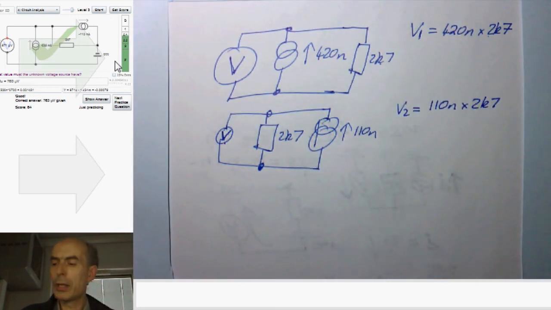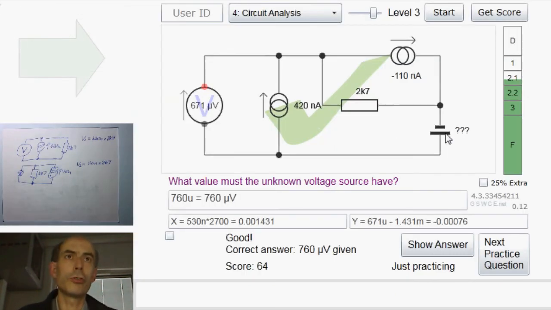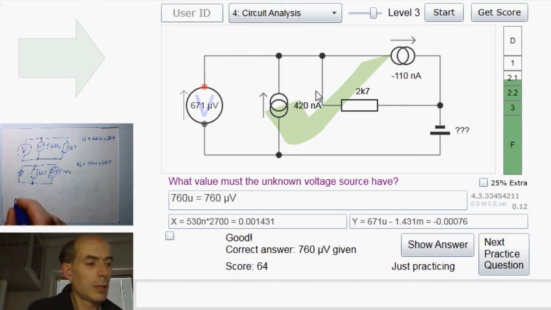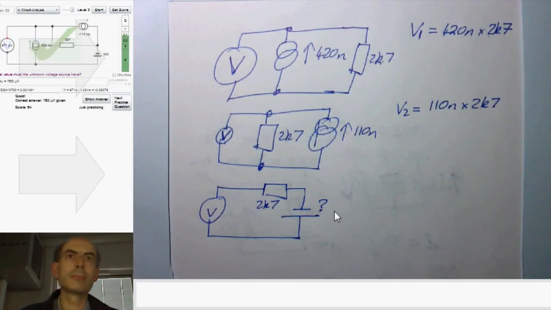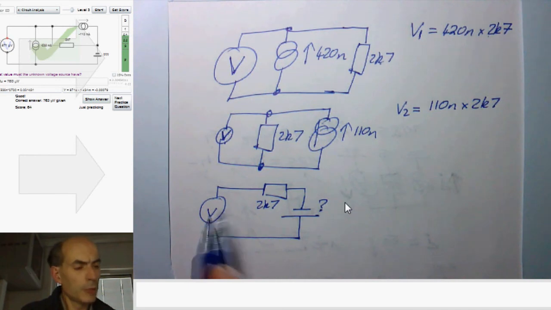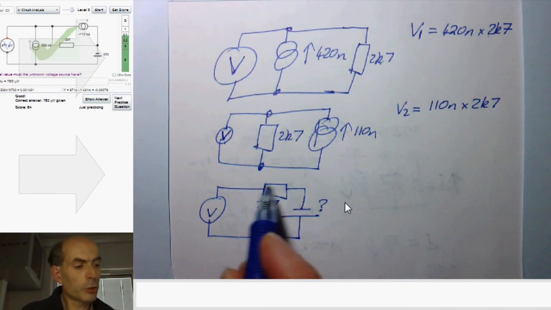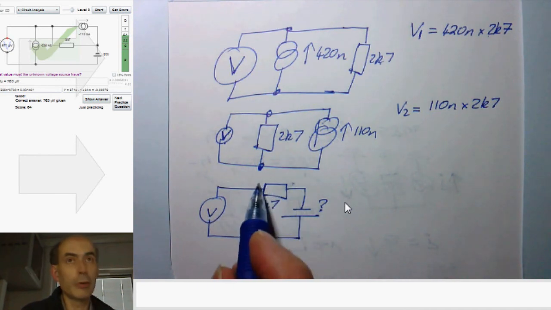And finally, we'll just consider this voltage source and forget the two current sources. And in that case, the circuit would become equal to this. Now, there's no current flowing through an ideal voltmeter, so there's no potential drop across this resistor because there's no current flowing through it.